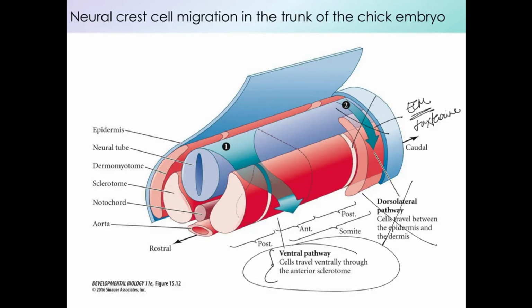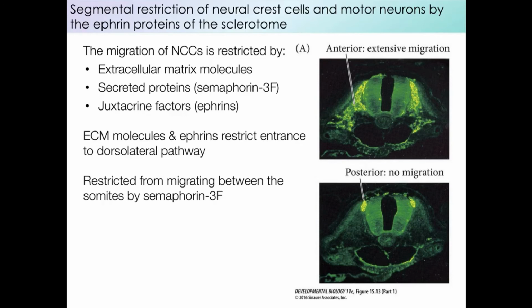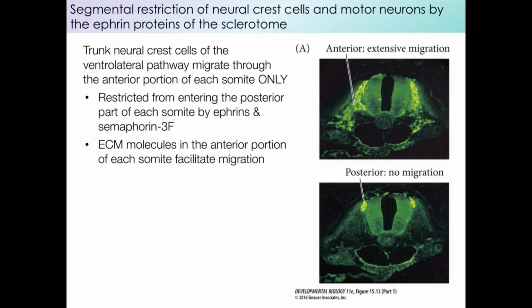And so eventually the ventrally migrating cells can only pass through the anterior portion of each sclerotome. So these factors that prevent the neural crest cells of the ventral pathway from entering into the dorsolateral pathway and that prevent them eventually from migrating between the somites include molecules of the ECM, secreted proteins, and also juxtacrine factors.